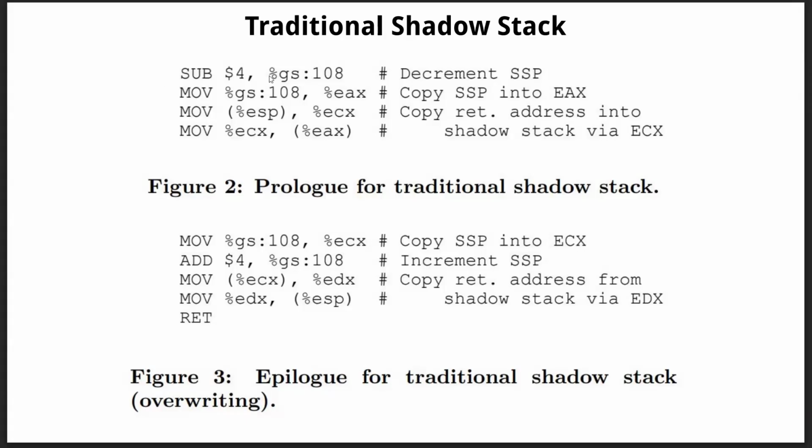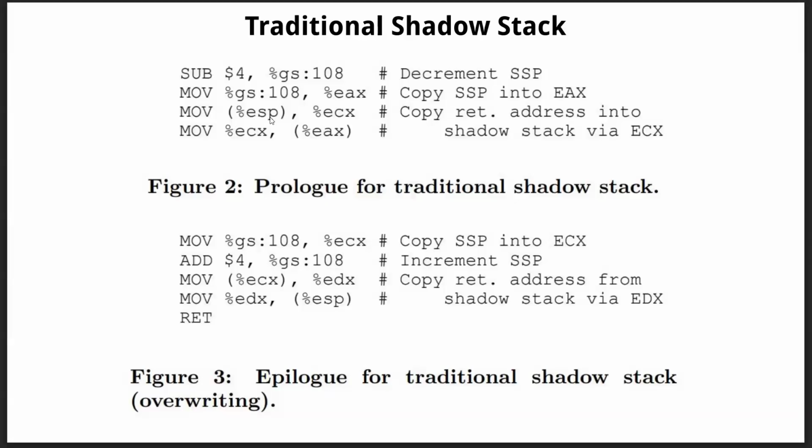Okay. So we subtract 4 from that, which means we're going to push something. Here we are simulating a stack. We cannot use the real push instruction to do that. If we use a real push instruction, it goes to the main stack. Right? Then from there, we just move this address to EAX.